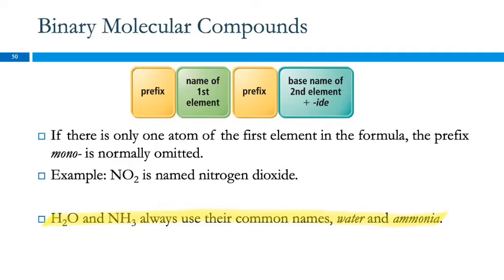So you need to know that the formula for water is H2O and the formula for ammonia is NH3. There are common names and older system names for a lot of the other compounds. The only ones that you need to learn, though, are the systematic names. There's nitrous oxide and all these different ones.